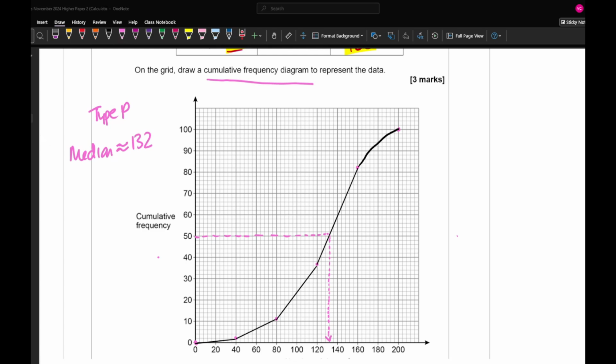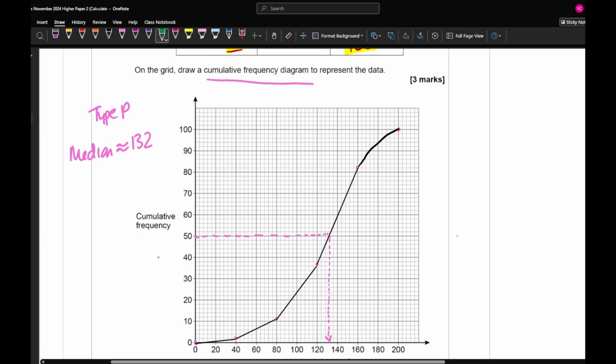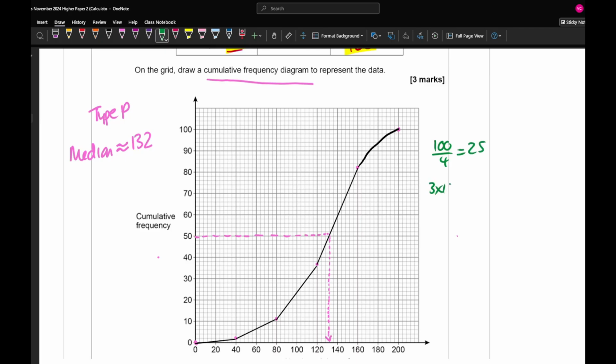And then from this, what I need to do is work out the interquartile range. So 100 divided by 4 is 25, and 3 times 100 divided by 4 is 75. So I need to find 75, and that value there is going to be my upper quartile.